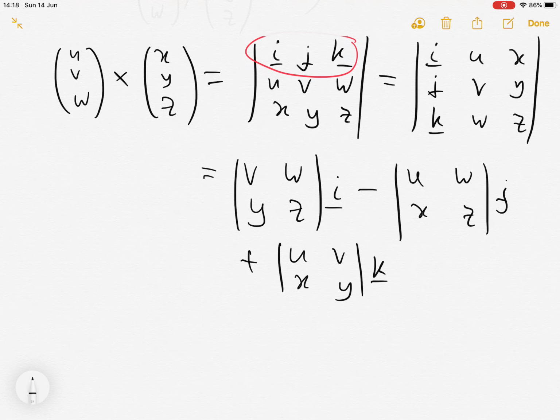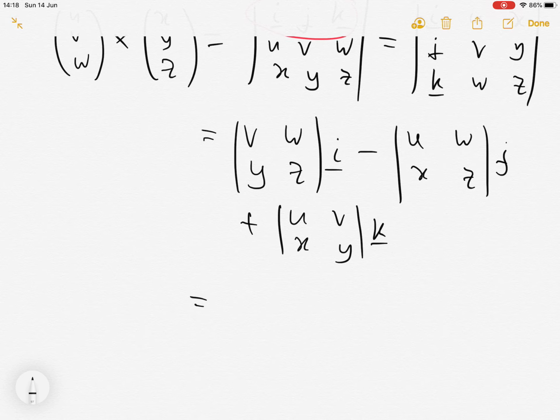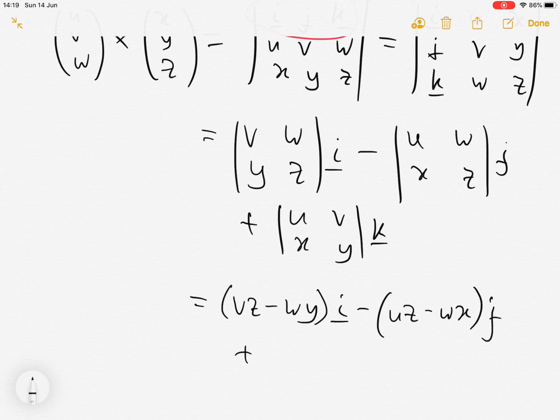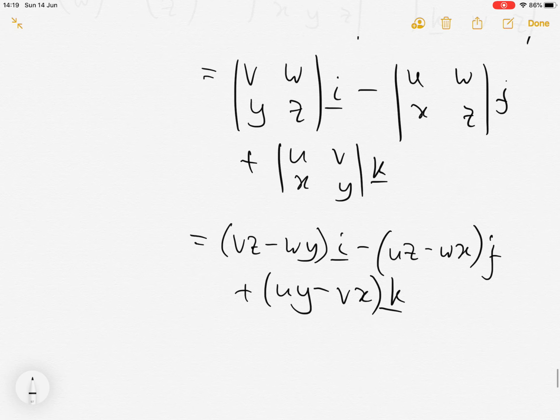And then this is the vector product. So this is a vector. i, j and k are the unit vectors. So let's just simplify this first. So this is (vz minus wy) i minus (uz minus wx) j plus (uy minus vx) k. So this is a vector.